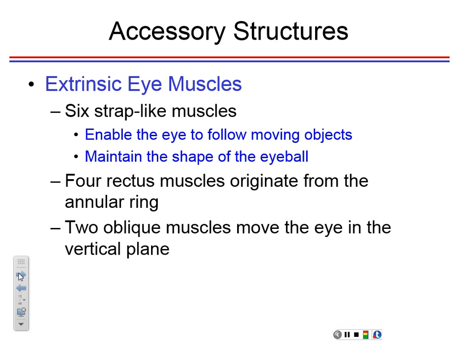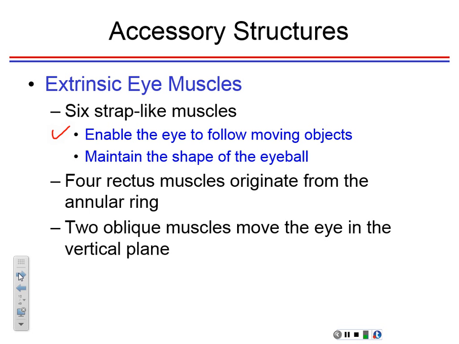And then, of course, the inferior oblique kind of runs from the lateral rectus. In fact, it's the way you determine which is the lateral and which is the medial, because the inferior oblique runs from it. All right? So they enable the eye to move the eyeball, to follow moving objects like this.